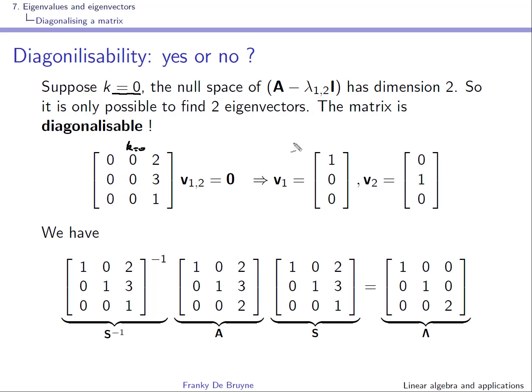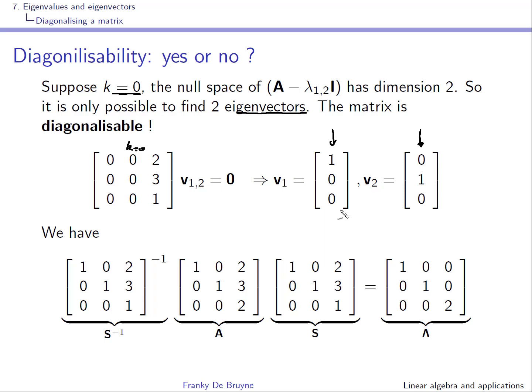And it is possible to find two eigenvectors such that this matrix times v is equal to 0. Indeed, you have this vector over here, but you also have this vector over here. Remember that when k was different from 0, you only had the first one. When k is equal to 0, in this particular case, you can find a second eigenvector.